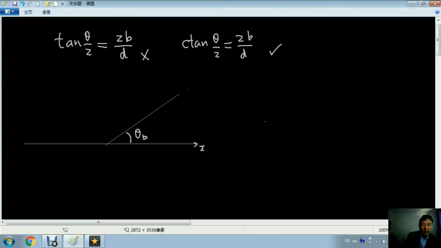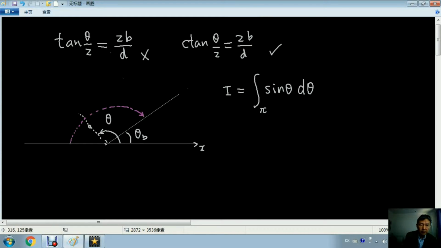Now we have an integration to be made, the integral of sine theta d theta. The limit we use is actually going this side.